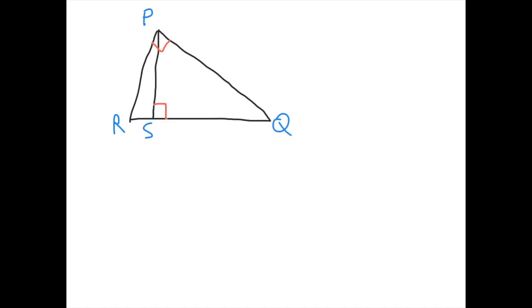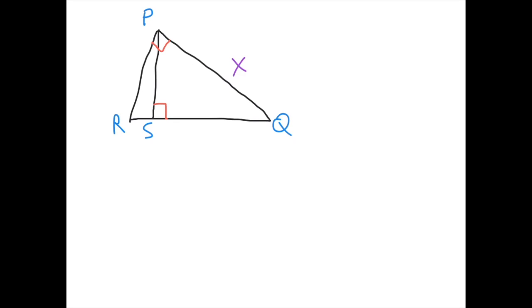So, in a right triangle, as you should know, there are 3 parts: 2 legs, the parts that touch the right angle, and the hypotenuse, the one opposite the right angle. So, in this case, the geometric mean is the leg.